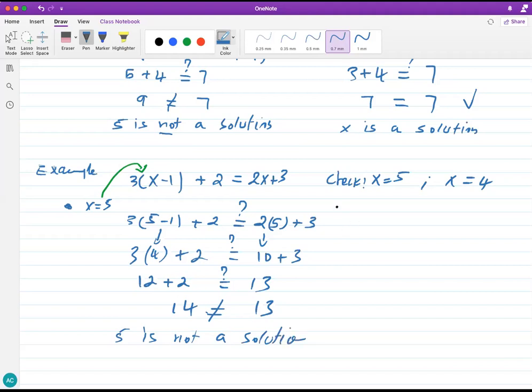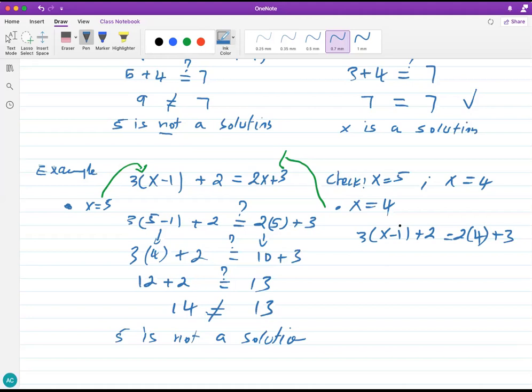Okay, let's try the other given value, x = 4. Pretty much the exact same steps. I'm just going to plug the x again into the equation and see what we get. It's going to be 3 times (4 minus 1) plus 2, and 2 multiplied by x, x again is 4, plus 3.